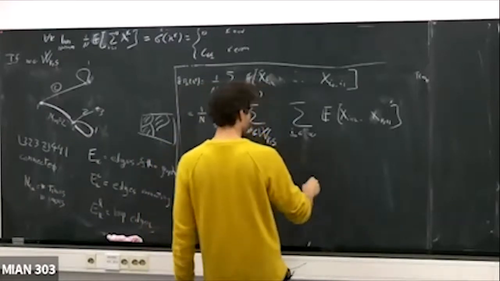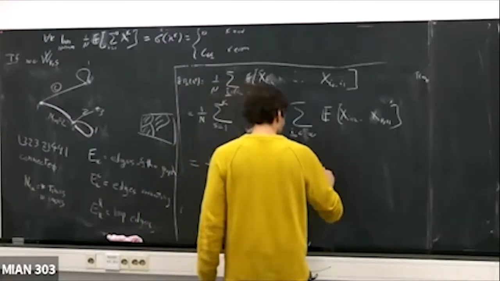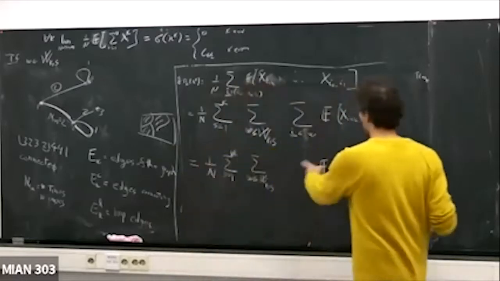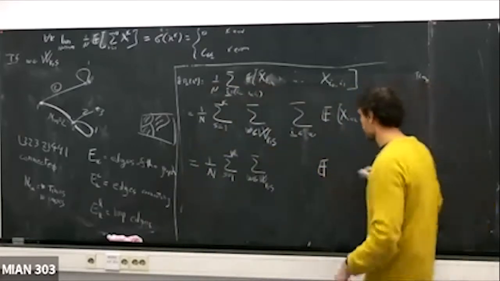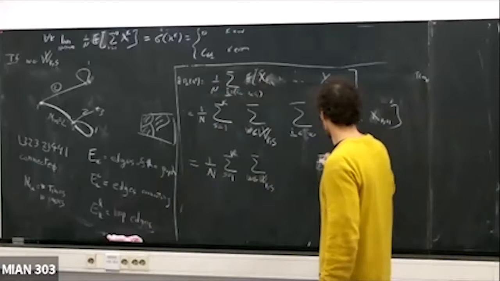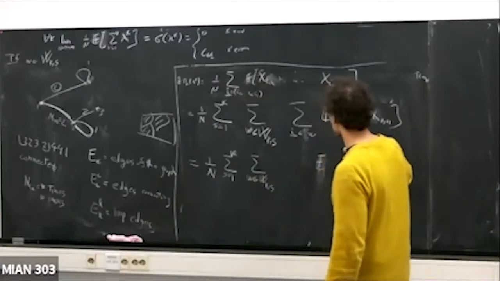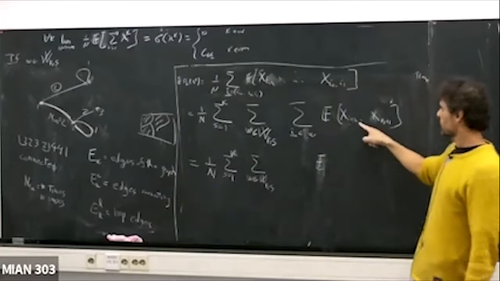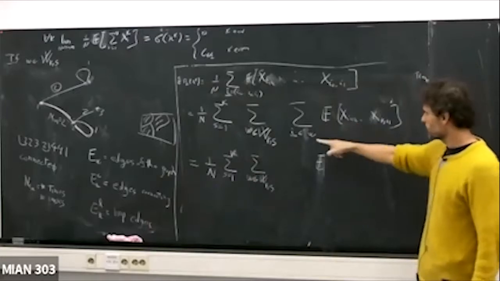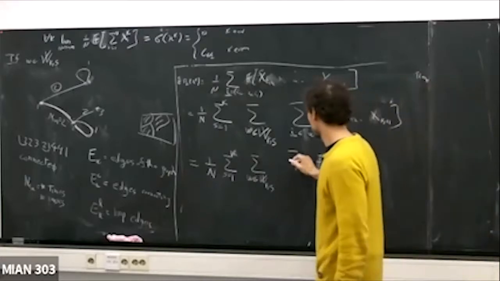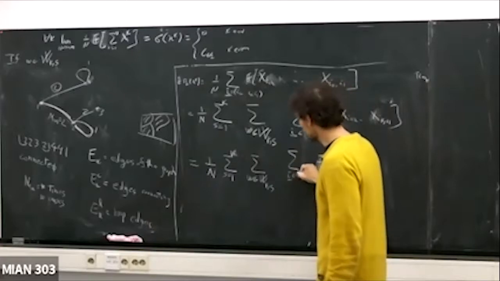Okay, so this sum over i, you see why this is useful, because I have here every time there is an edge in this word w.